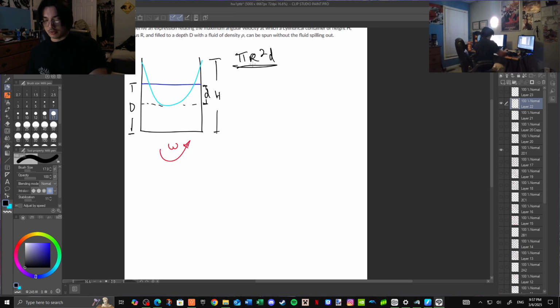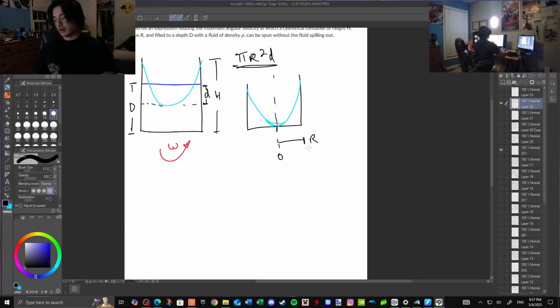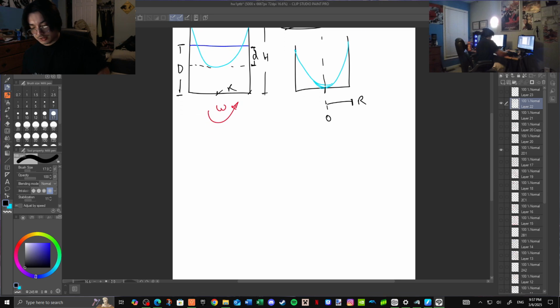So let's find the volume of this area right here. Let's draw a little diagram. We are traveling from the center of this container to the outskirts of it. So this will be 0 for the center, to the outer part of the container, which is just R. That can be our start for our integral.